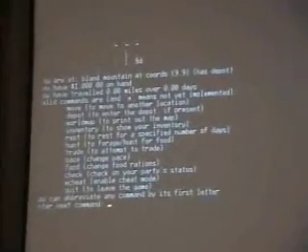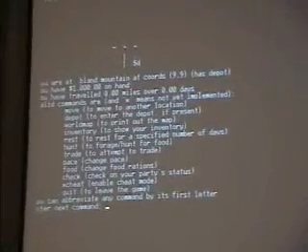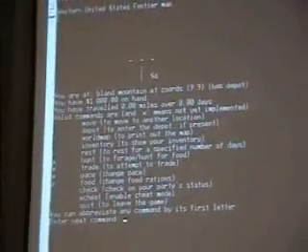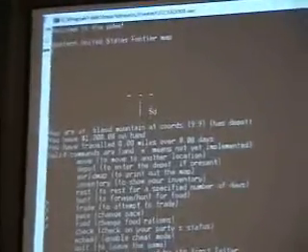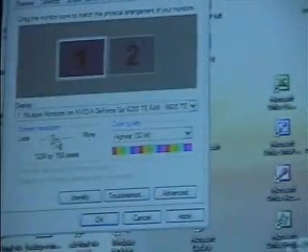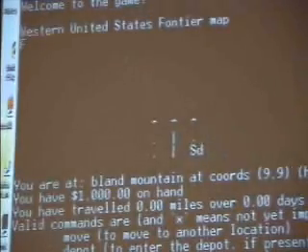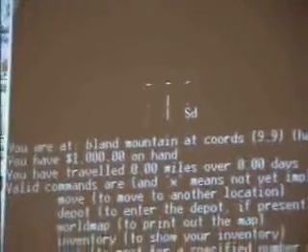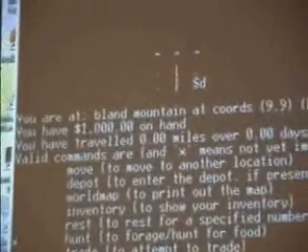Is that generally readable in the back? No? Oh, boy. How's that? If you cannot read this because it's too small, raise your hands.